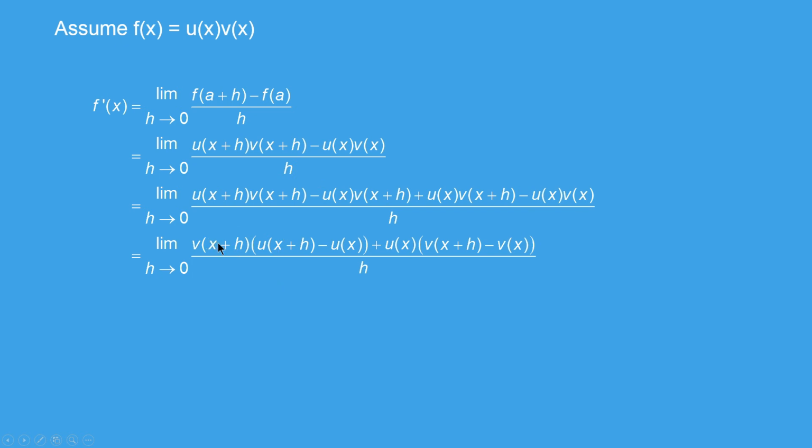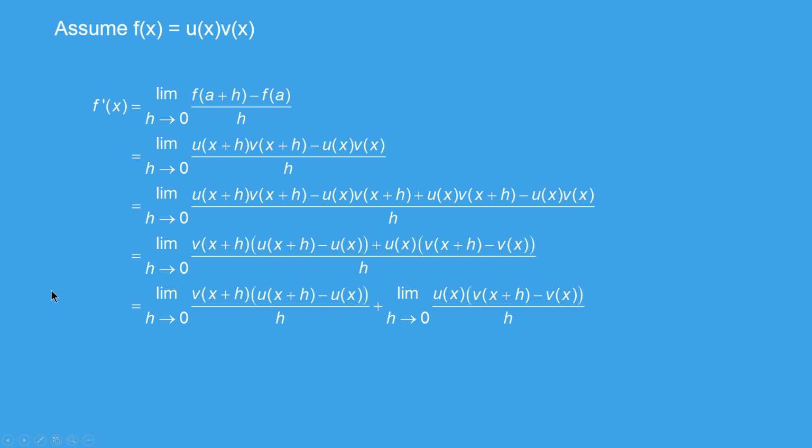So we've got v of x plus h times u of x plus h minus u of x all over h. That sounds like the derivative of u to me. That's u dashed. And then here we've got u of x times v of x plus h minus v of x all over h. Again, that's v dashed. One of the nice things with limits is we can actually split them up into two bits.